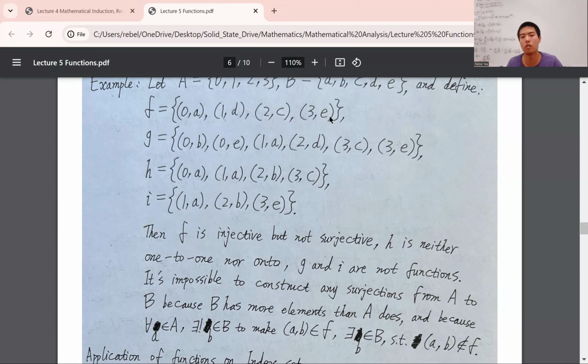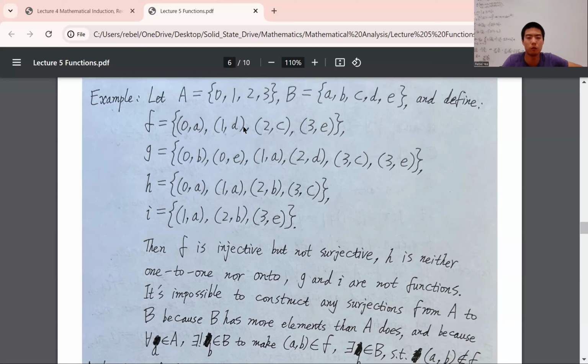It doesn't have a situation like two different values, like 0 and 1, going to the same value in the range. So in this case, it's an injective function, but because it's not surjective, only injective, it is not bijective.